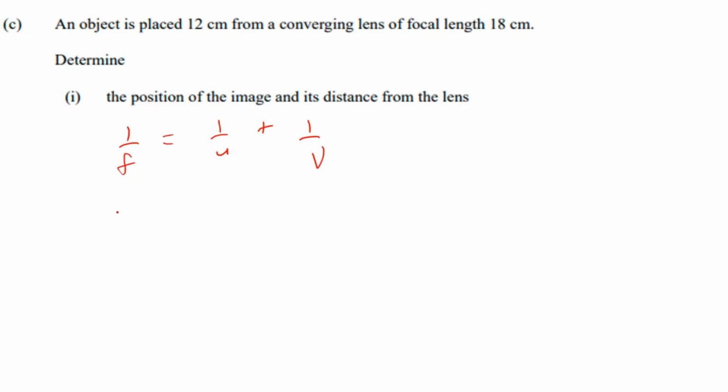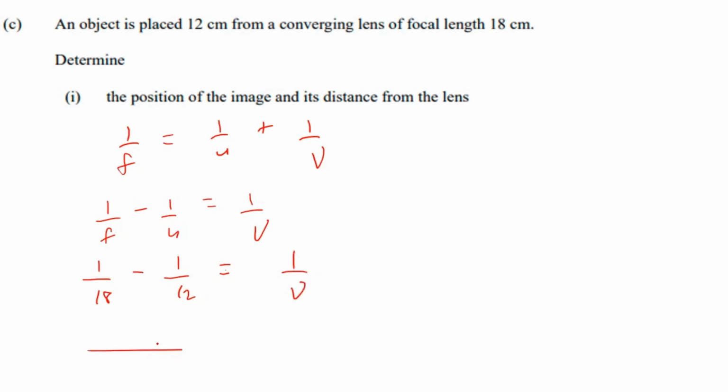So we're trying to find V. So 1 upon F minus 1 upon U is equal to 1 upon V. We have 1 upon 18 minus 1 upon 12. In this case, you don't necessarily need to convert the centimeters, because at the end of the day, your answer will be in centimeters.